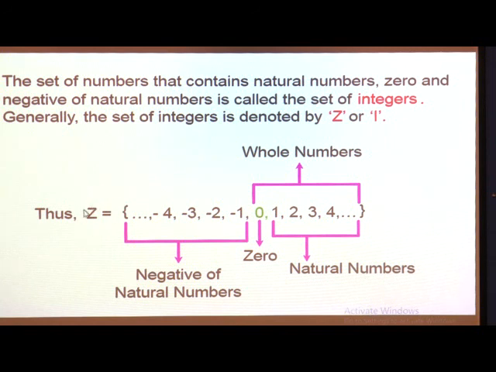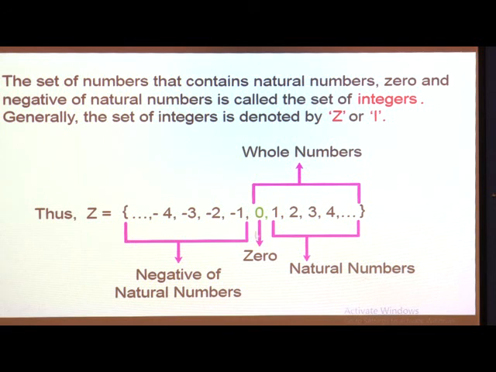The set of integers includes negative numbers, whole numbers and natural numbers. What is the set of integers? Negative of natural numbers, that is negative numbers, 0 which is a whole number, and the natural numbers is called the set of integers.